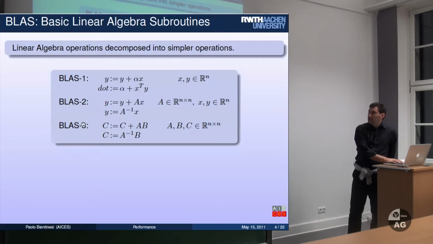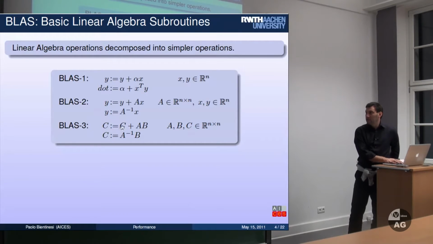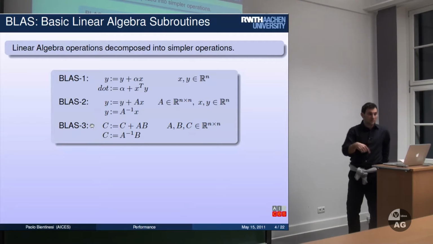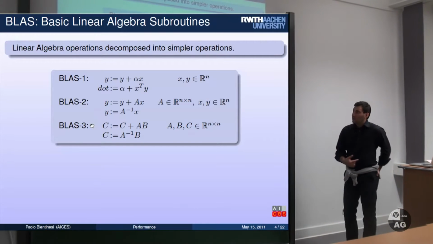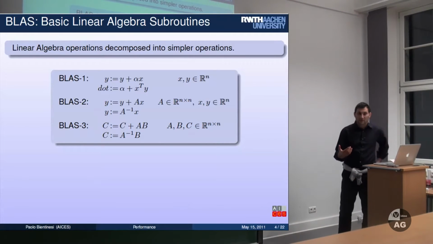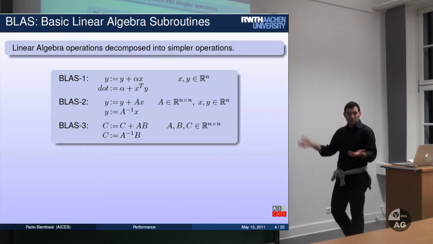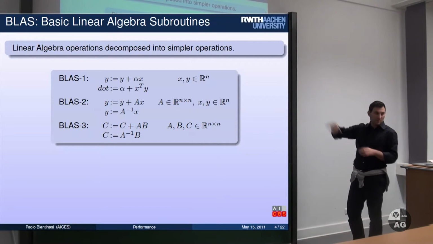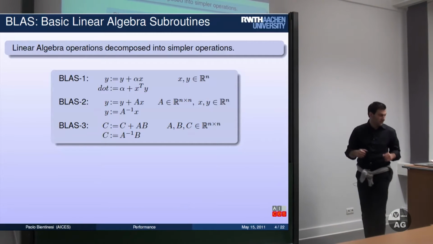Notice also that every other BLAS 3 routine other than GEMM is written in terms of GEMM. Why? Because GEMM is so optimized that everything else is built on top, so that if you speed up GEMM, everyone else benefits.